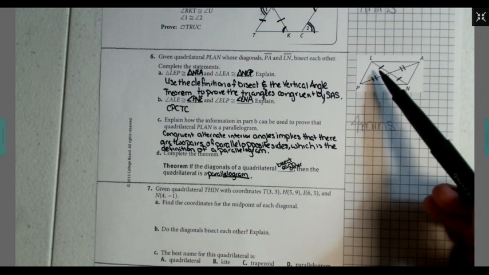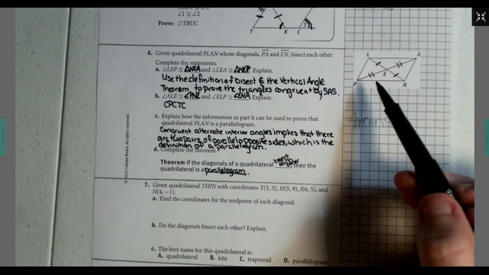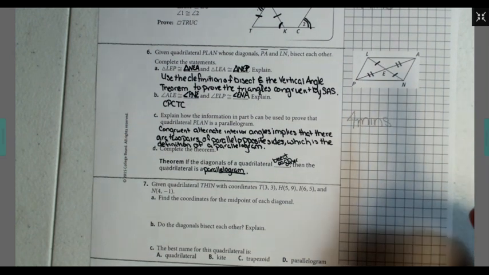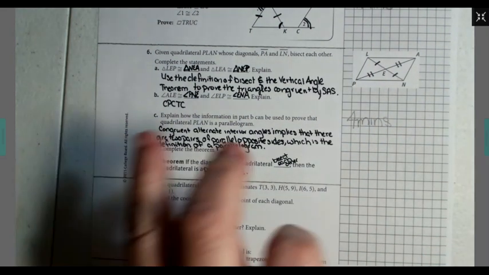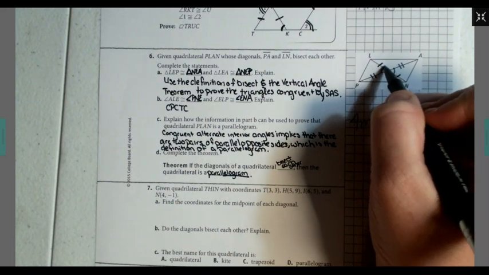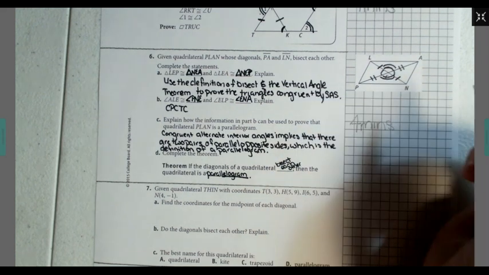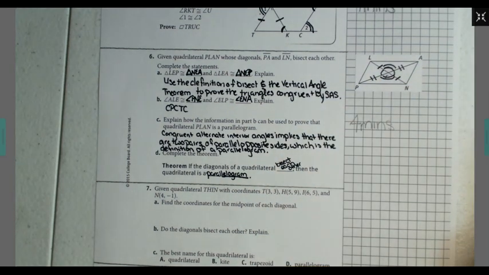And I know that vertical angles are congruent by the vertical angle theorem. So I was able to prove that the triangles were congruent to their opposite pairs, and I basically used side angle side.